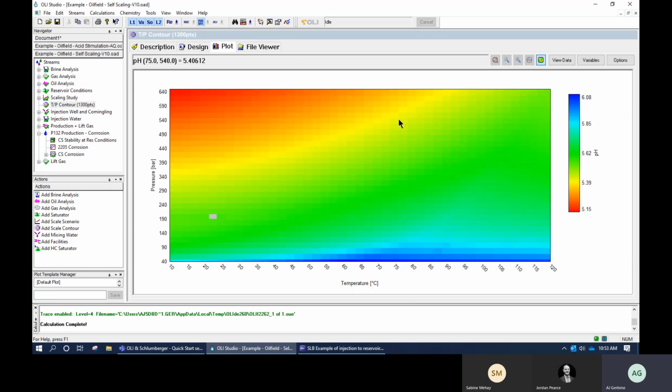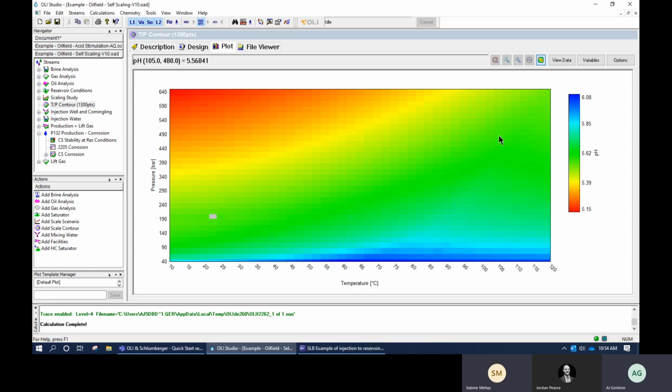Right now I'm plotting the pH at any temperature and pressure. What clients generally do, BP does this quite a lot, is overlay their production profile on this, so they can see if they're in a corrosion risk area or a scaling risk area.